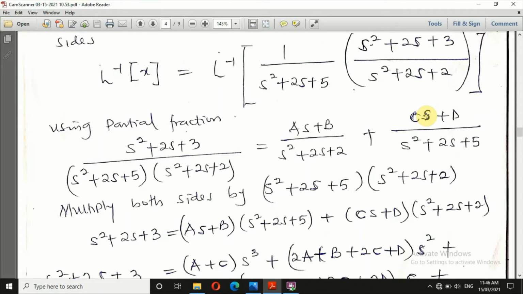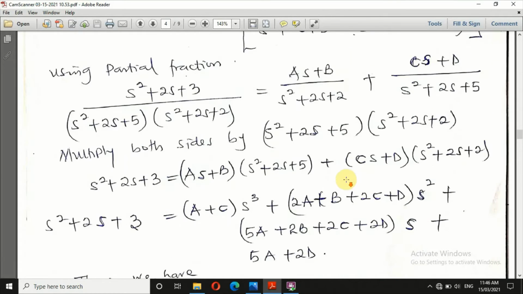So if you look at that now, you have this expression. Now, what is the next thing? You multiply both sides by the denominator. By the time you multiply both sides by the denominator, it will cancel this side. Then what will remain is x squared plus 2x plus 3. That's how we are obtaining this.